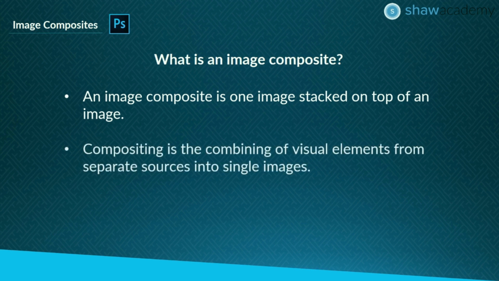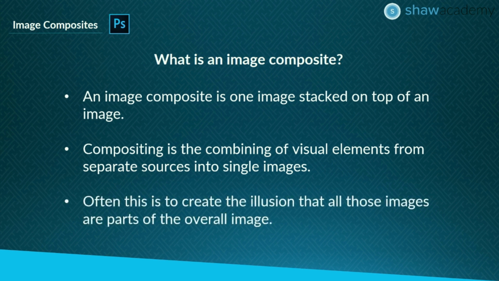Okay? Now, the composite, folks, basically is the combining of visual elements from separate sources into single images. That's just a nicer way of explaining that it's one image stacked on top of another. It's combining multiple images into one finalized image. Now, often this is to create the illusion that all those images are part of the overall image, or that they are realistically sat there.